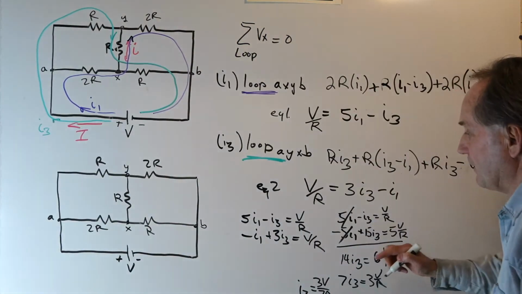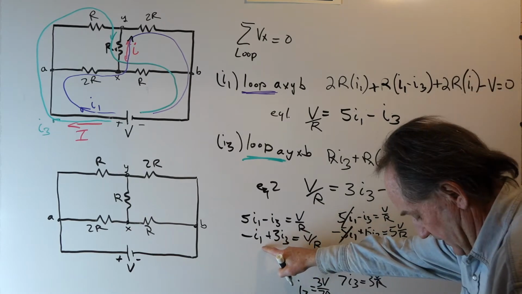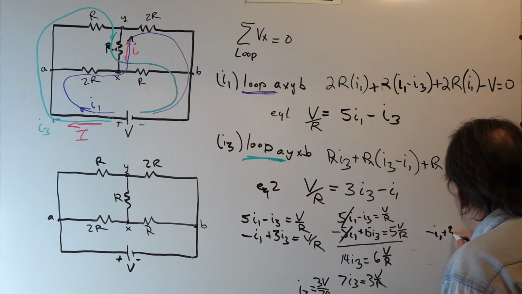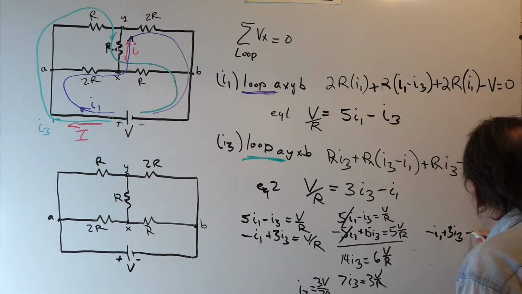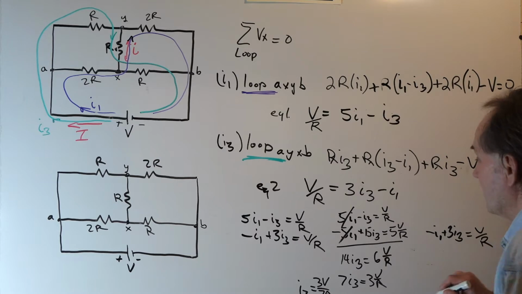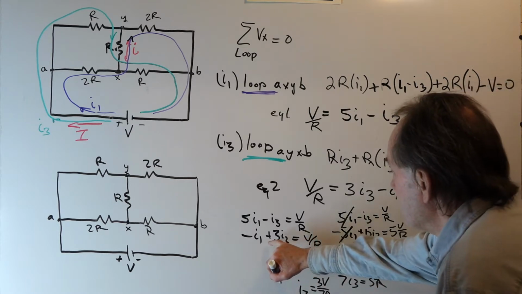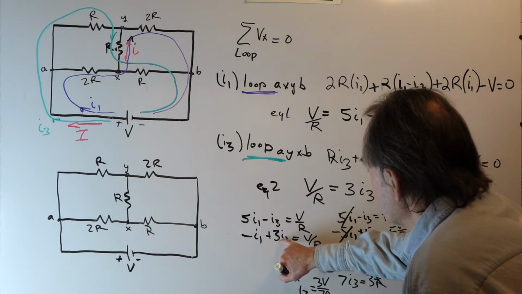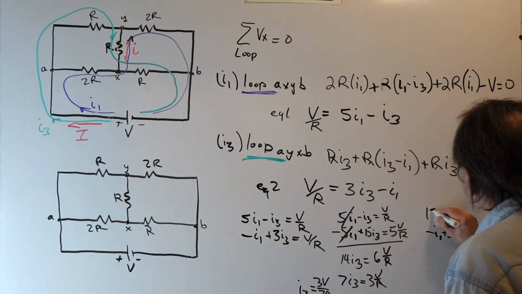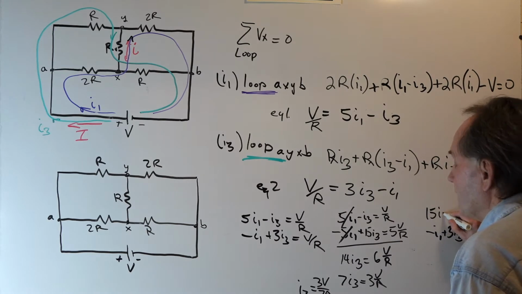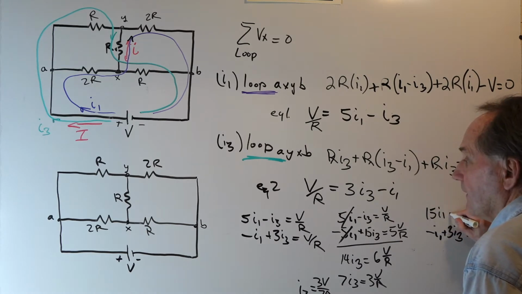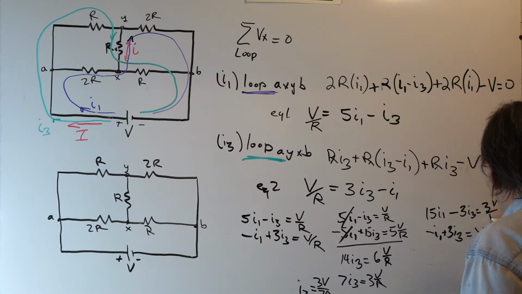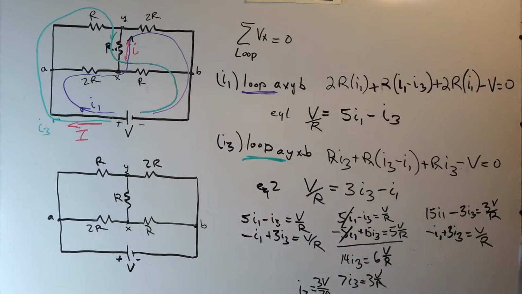Now likewise, what we'll do here is we'll carry the bottom equation through, minus I1 plus 3I3 equals V over R. And I'll multiply the top equation by 3 so that the I3s will cancel. So we have 15 I1 minus 3I3 equals 3V over R. Just multiplying this equation through by 3.